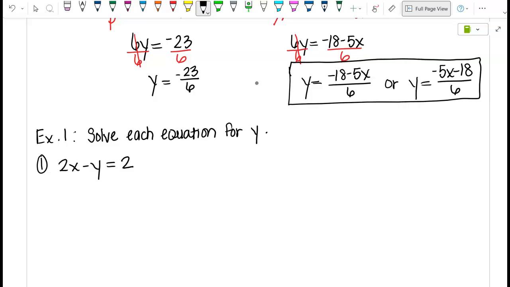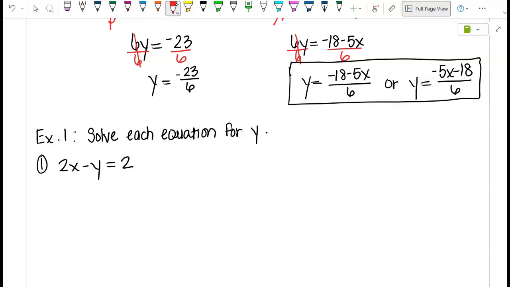So Berseus, on 2x minus y equals 2, if I'm trying to solve for y, what would be my first step here in solving? I want to solve for the y, so I want to leave it alone. So what is the other thing that is on the same side as the y?